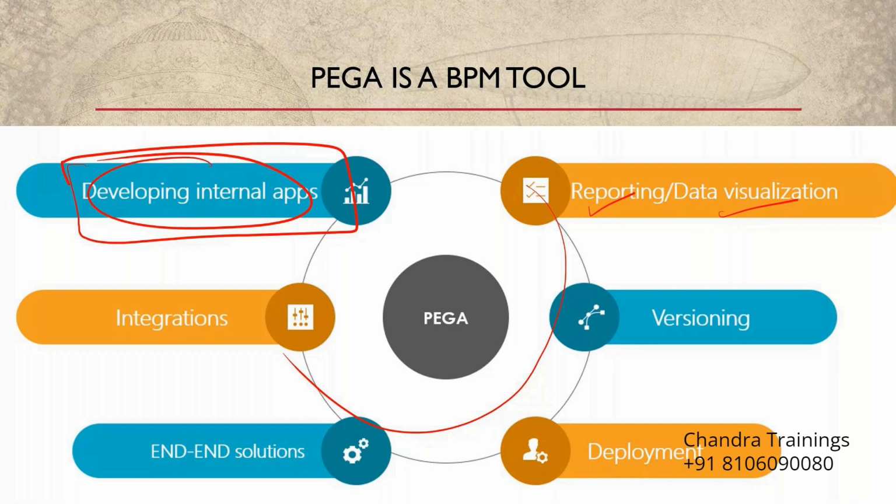Suppose in another technology, consider that we are not using Pega, and we have designed everything manually. If I want to show a pie chart or graphs, our application should be connected with external reporting tools, maybe like Tableau, Tableau, Power BI.